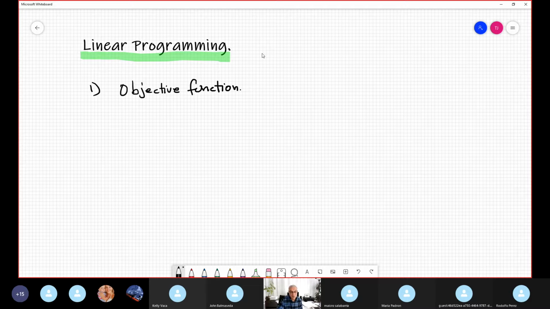If it's good, for example profit, you want to maximize. And if it's a cost, it's bad, you need to minimize. Normally the objective function, I don't know why, is symbolized using the letter Z, a function of x, y. This is the objective function.